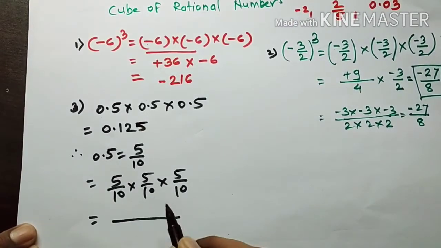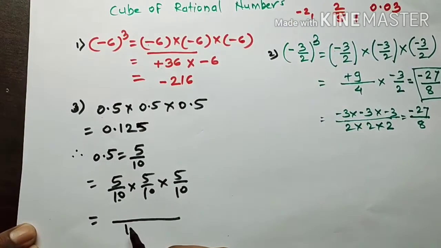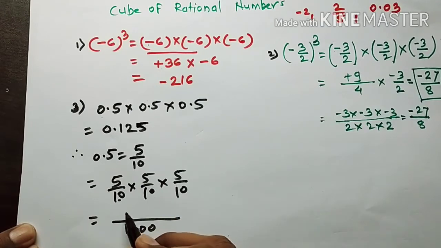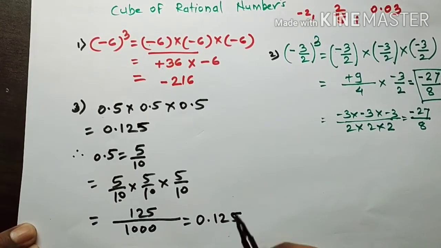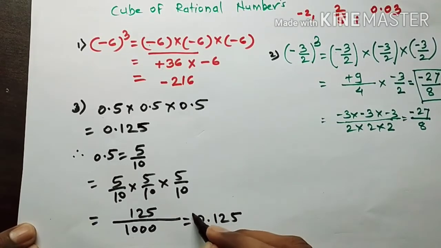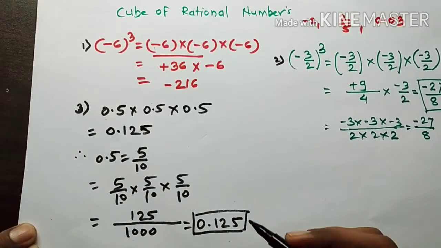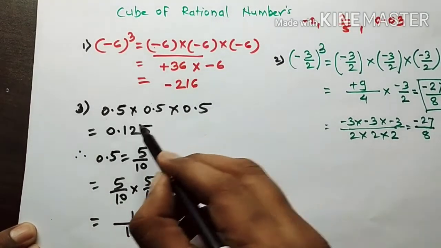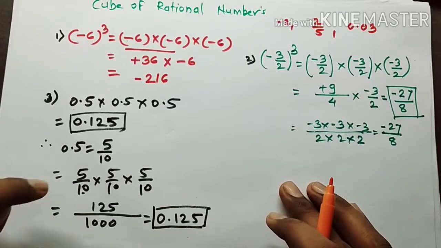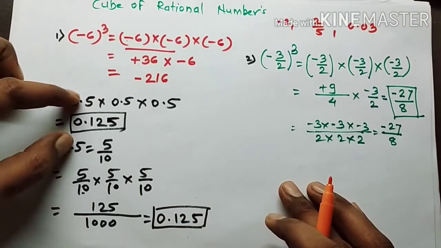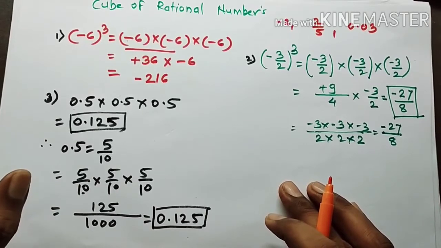We get 10 into 10 into 10, 1000, and 5 into 5 into 5, 125. Thus we get 125 upon 1000, which is 0.125. This is the final answer in this way, and this is also the final answer. Any one of these methods can be used in an exam.